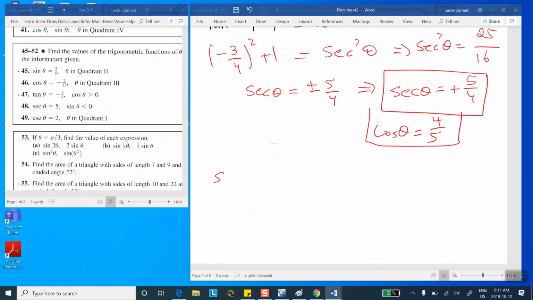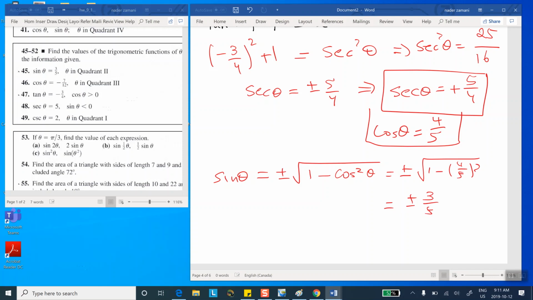Let's find sine. Sine of theta equal to plus or minus square root of 1 minus cosine squared. So this is plus or minus square root of 1 minus 4 over 5 squared. This is equal to plus or minus 3 over 5. This is sine of theta. Now you have to decide which algebraic sign you have to pick. Now let me remind you that tangent of theta was given to us and it was negative.